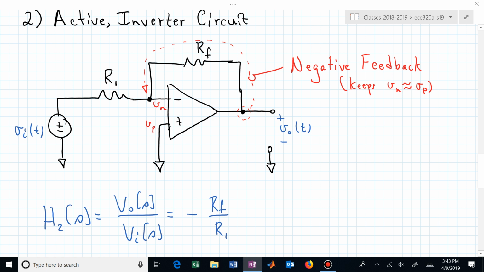And if you wanted it to be a buffer between different stages of some circuit, you could make these two resistors the same size. Being the same size would now say, oh, all this is an inverter. The magnitude stays the same. You can also adjust the magnitude by these ratios of the feedback resistor and the input resistor.